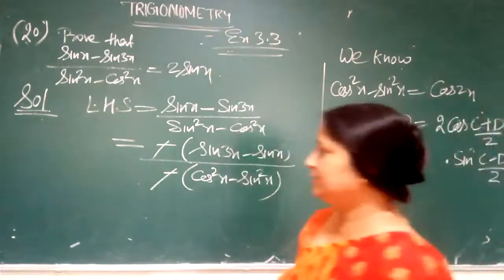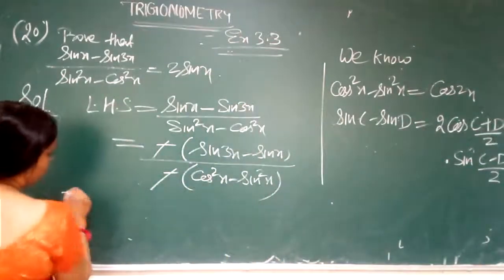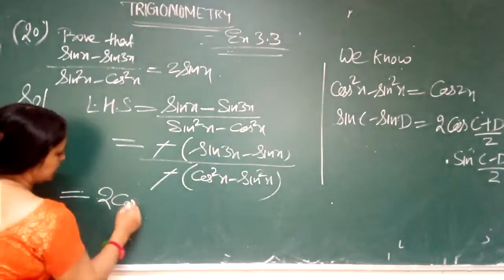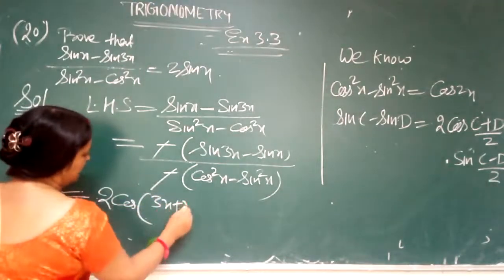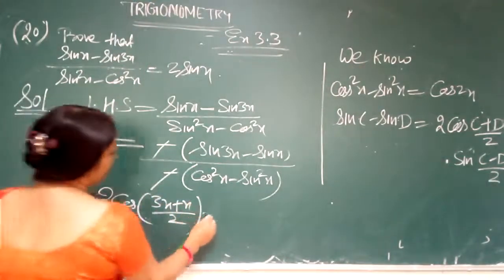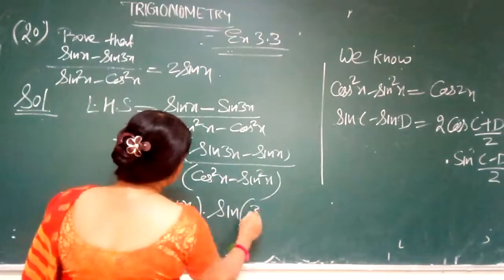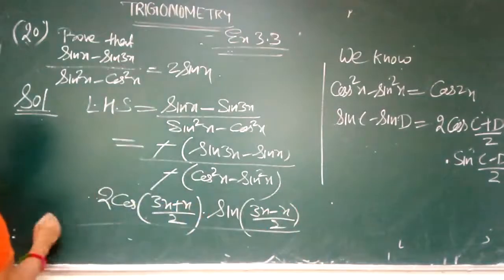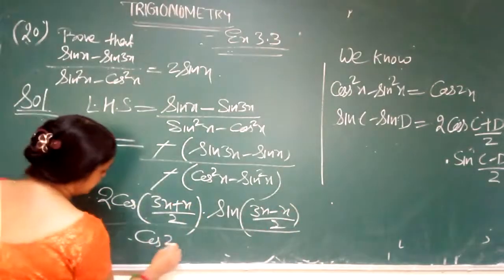So we will use these two formulas here. So what will come here? It will come 2 cos (c plus d) upon 2 into sin (c minus d) by 2 upon cos 2x.